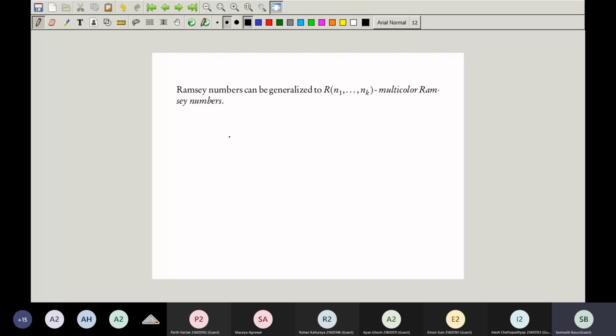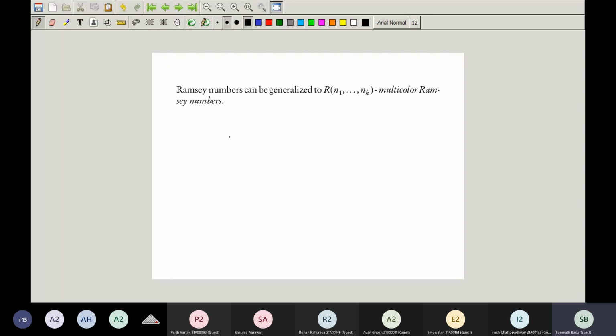We can now generalize this to multicolor Ramsey numbers, which is R(n1, n2, ..., nk). These are simply what you can imagine. This is the smallest n such that whenever you take K_n and color its edges using k colors C1, C2, ..., Ck, any coloring of K_n with k colors should have at least one K_{n1} in color C1, or at least one K_{n2} in color C2, up to at least one K_{nk} in color Ck.